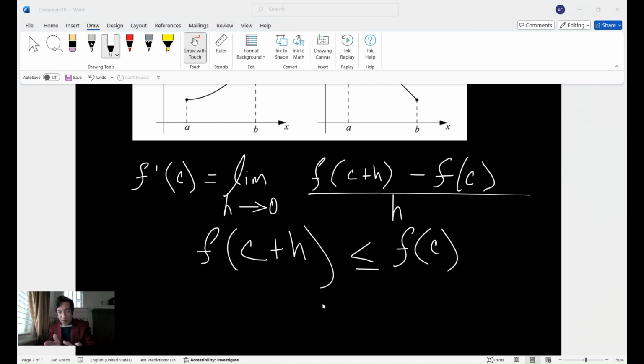But the denominator has to be positive, for h greater than 0, of course. And if h is less than 0, it'll be negative. So if you only think about positive values of h, you're going to see that the derivative, f prime of c, is going to be less than or equal to 0. And if you consider only negative, you're going to see that it's going to be greater than or equal to 0. So the only possibility is that f prime of c is 0.